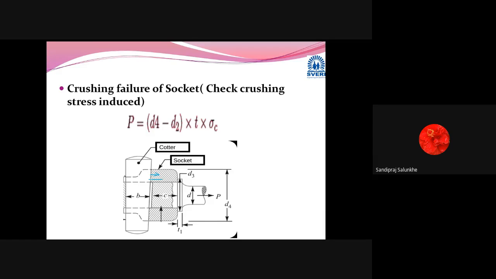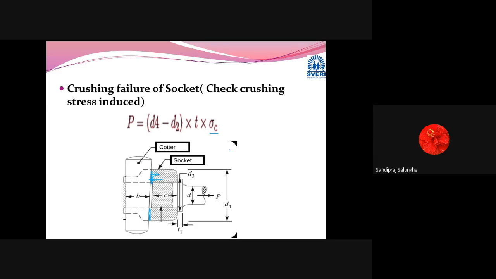Also, this area is not allowing shearing or yielding. That's why at this region they apply force on each other, and crushing will be generated here. That crushing is nothing but compressive stress for a small region area.